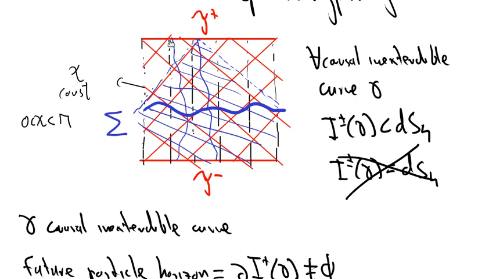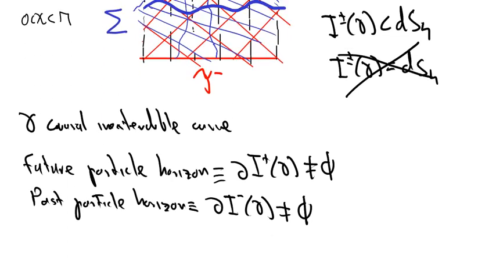There's no way for a causal inextensible curve to avoid meeting sigma. Again, you have to bear in mind that this line and this line are identified. So just by looking at the picture again, we can guess that de Sitter is globally hyperbolic.